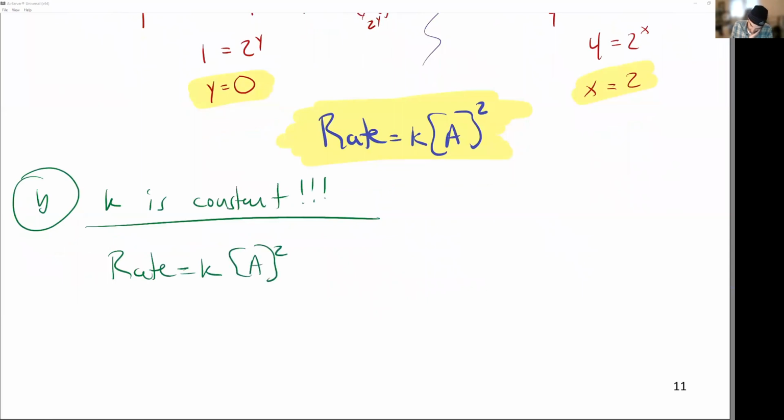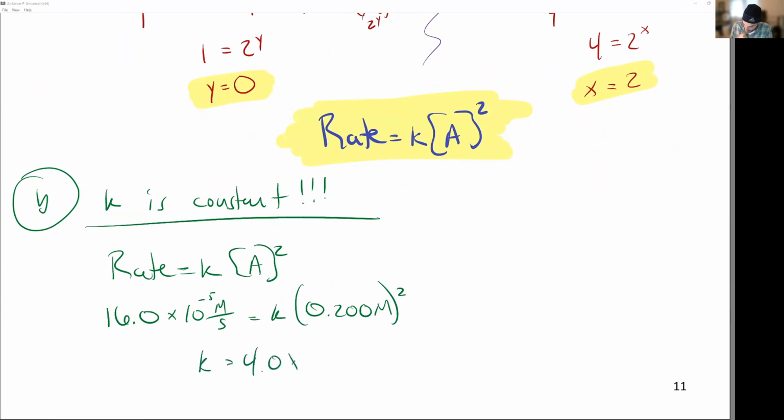So I'm going to plug in reaction 3, 10 to the minus 5 molarity per second is equal to K times concentration 0.200 molar squared. And solving for K, just do the math here. K is equal to 4 times 10 to the negative 3, 1 over molarity seconds.